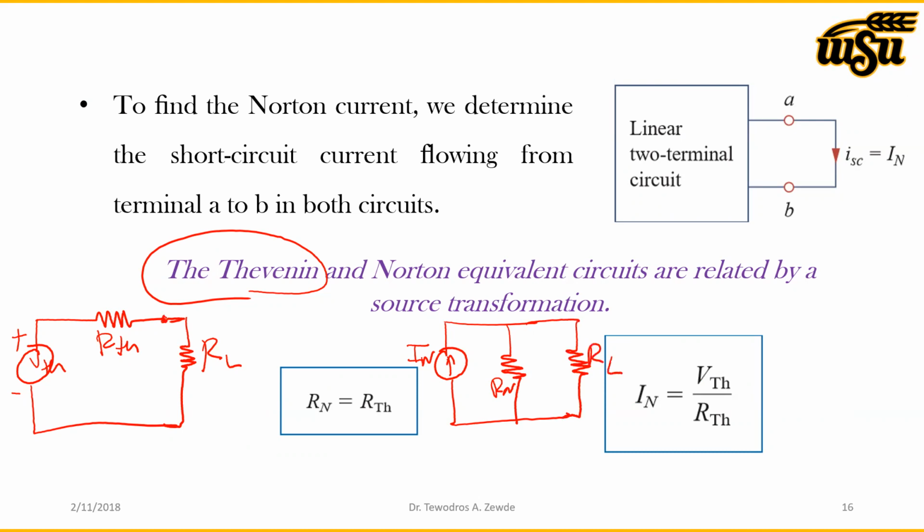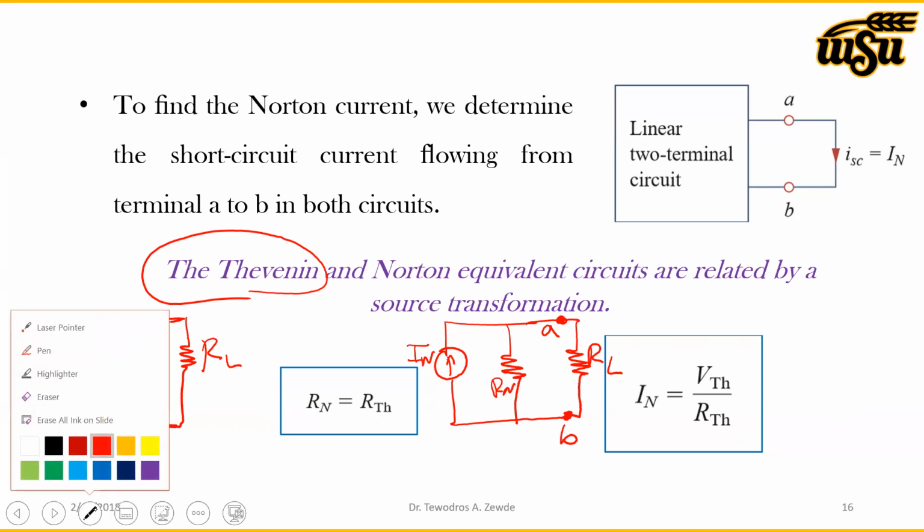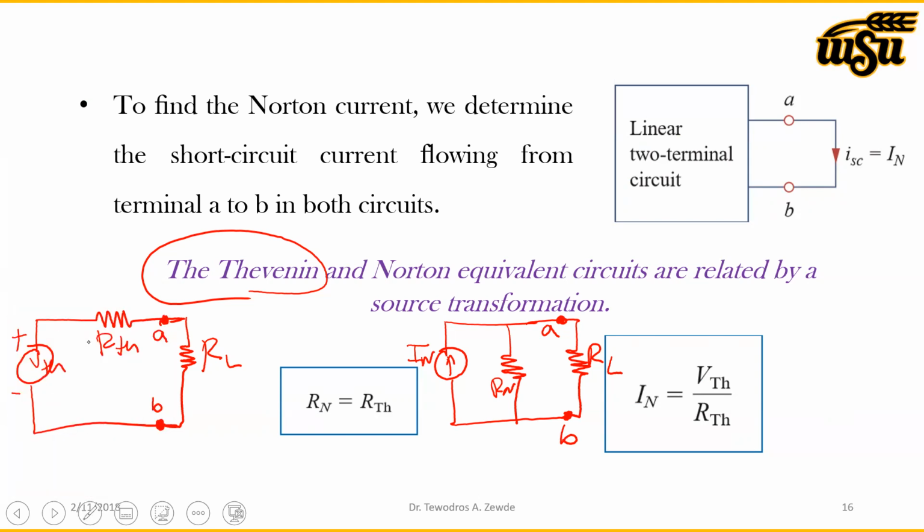So this is the Thevenin equivalent circuit between terminals A and B. This is again the Norton equivalent circuit between terminals A and B. So the Thevenin and Norton equivalent circuits are related by source transformation. And it's very easy to see that, right?